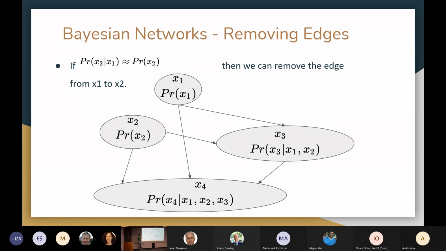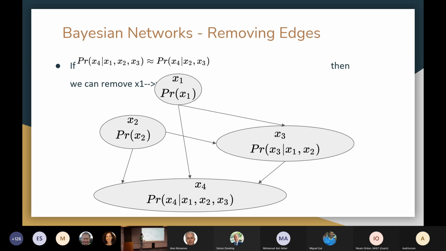Now say something similar happens where the probability for x4 given x1, x2, x3 is the same as the probability of x4 just given x2 and x3. In other words, given x2 and x3, x1 doesn't really add any information about x4, or given x2 and x3, x1 and x4 are independent. Then I'm going to remove this edge from x1 to x4, reducing the complexity of this node a little bit.